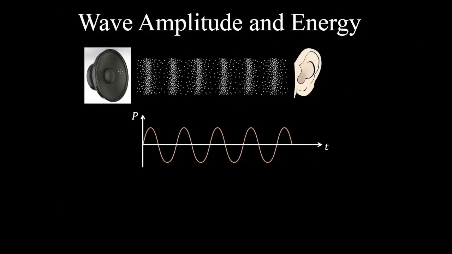Suppose we have a speaker, and this diaphragm moves back and forth at some amplitude and frequency to cause a sound wave to propagate through an air medium. Using an oscilloscope, we measure the pressure at some point in the medium over time.